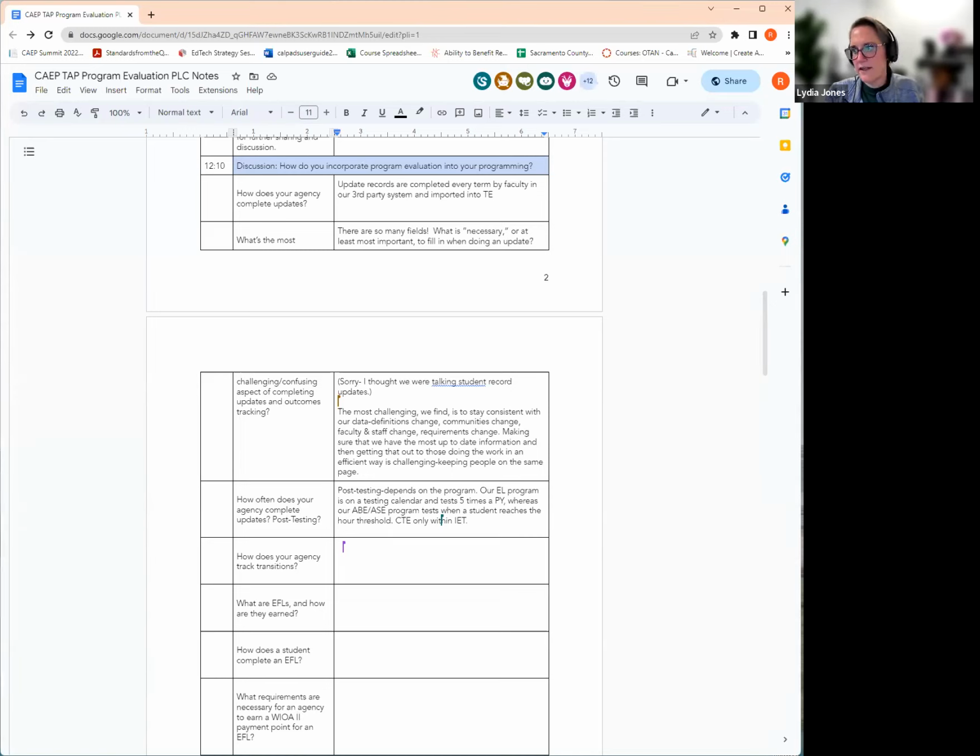And then our ABE and ASC programs test when a student is ready to test after 70 to 100 hours of instruction. And then within CTE, we're expanding our IET program. So those are the students who test within our CTE program at this particular juncture. And that may change in the future, but that's where it is right now. Good, thank you.